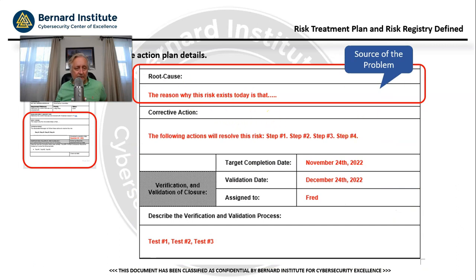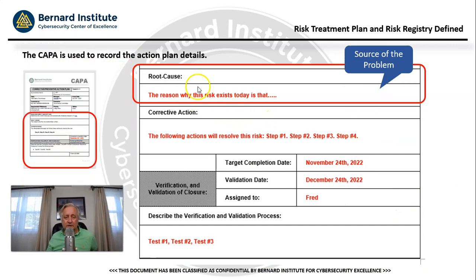On the next half of the page, you see a root cause. So we need to do root cause analysis. This is the key to problem management to make it work. So you want to look at what is the root problem with this process, and that will take a little bit of investigation probably. So you don't always know the root cause. Like root cause is not compliance. The system wasn't compliant with the control. There's a reason why it wasn't compliant. So you have to find out what that is, and that needs to go in this box.